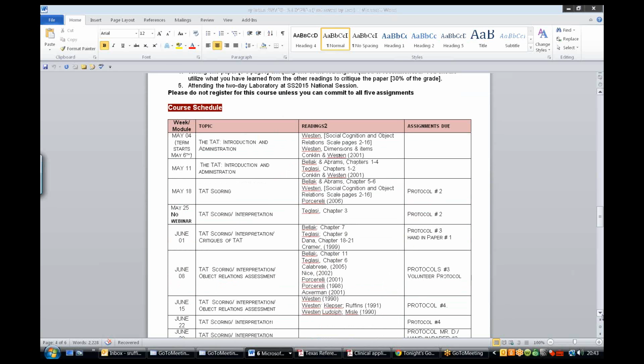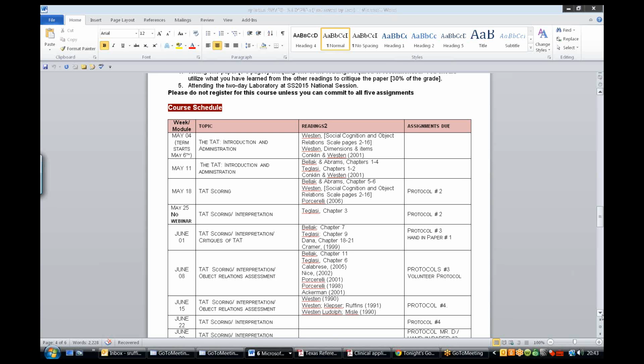So I expected that between the 6th and yesterday, Sunday, you had a chance to read the Social Cognition and Object Relations Scale from Westen, the dimensions and items from Westen and Conklin. And this week you'll be reading from Bellak and Abrams and Teglasi.